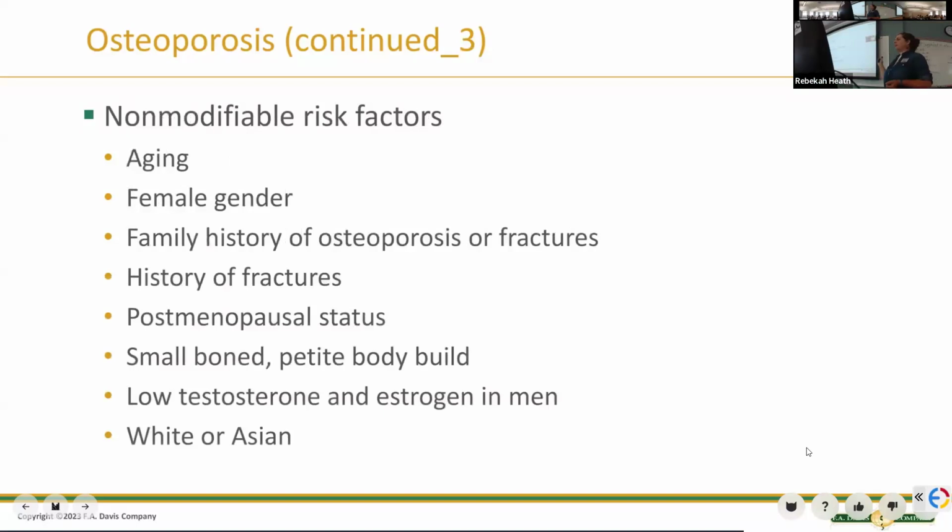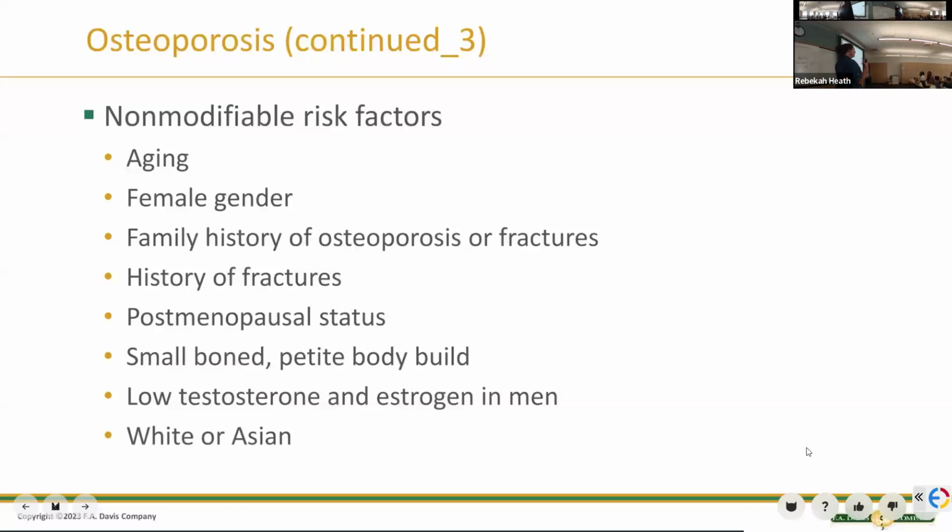So, non-modifiable risk factors. With osteoporosis, as you get older, you're more at risk. If you're a woman, you're at higher risk. If you have a family history, and typically it's a small-boned, petite body build, usually white or Asian ladies. So when I've got a little white thin grandma, I'm like, tell me about your calcium. What are we doing here?